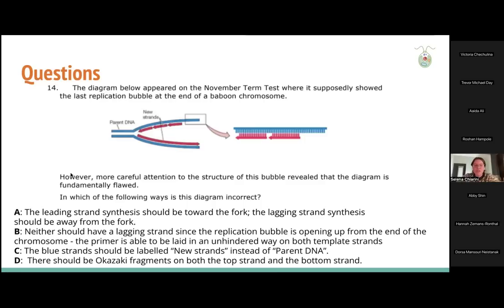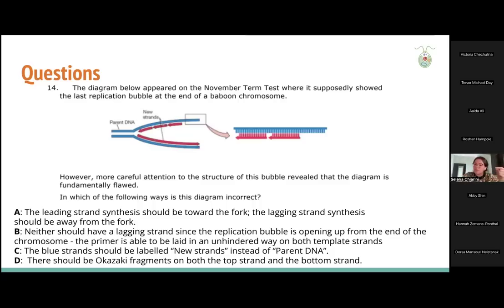The answer is A. So let's break this down. We'll start from D and work our way up. So the question basically says, hey, this was on a test back in November, and this diagram was actually flawed. What's wrong with it? So D says there should be Okazaki fragments on both the top and the bottom strand. Well, we know that in the case where we are unraveling DNA and we are dependent on placing primers when the DNA is accessible, one of them is going to be able to move smoothly, right?